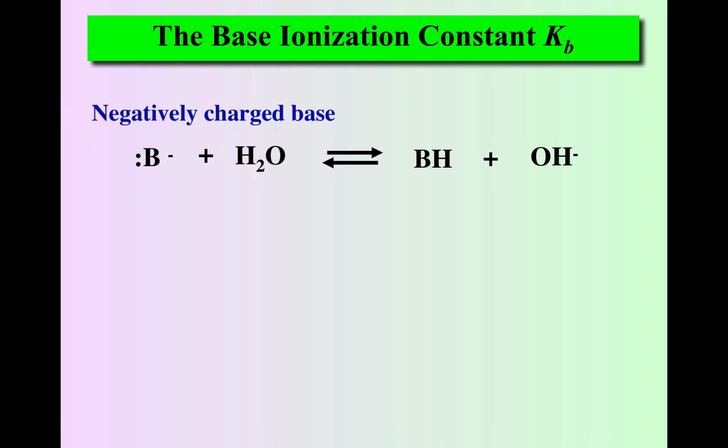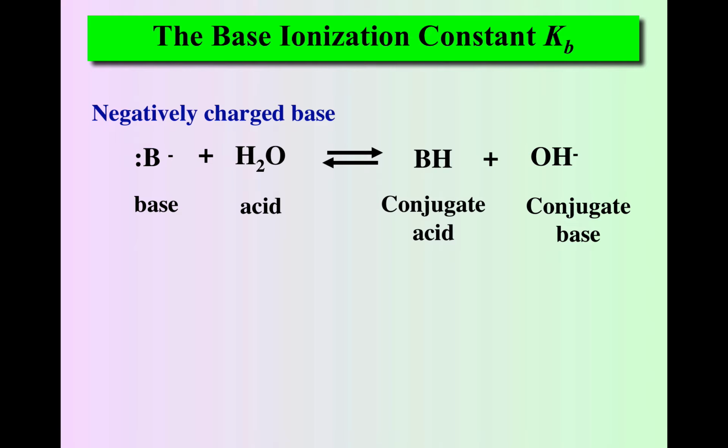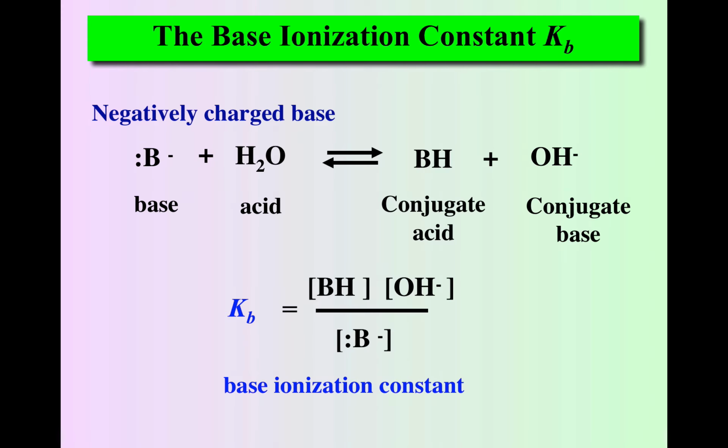It's going to protonate that anion and produce hydroxide. Again, we leave water out of the expression, even though it's reacting here. It's the solvent. So it's the conjugate acid concentration times the hydroxide concentration divided by the concentration of the weak base, raised to their stoichiometric coefficients.